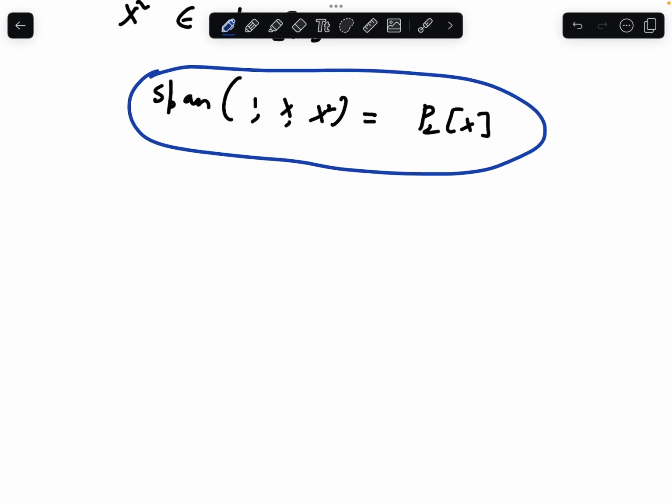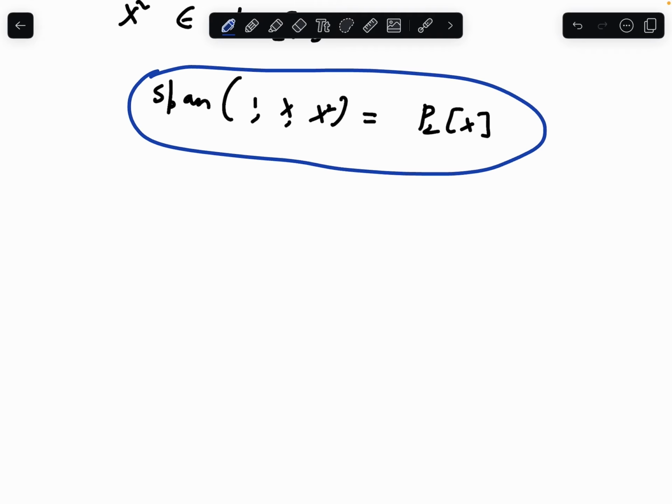Whenever we have to prove two sets A and B are equal, how do we prove them? We show two things. Number one, A is a subset of B, and number two, B is a subset of A. That is, A is contained in B and B is contained in A. So this shows that both are equal. This is the technique, and we're going to use the same technique here.